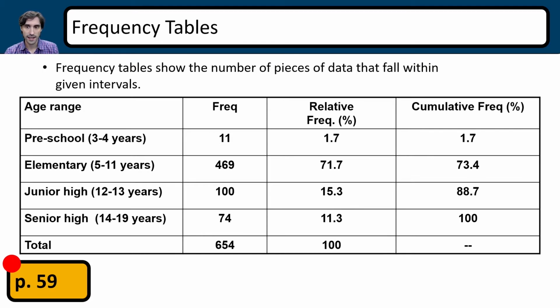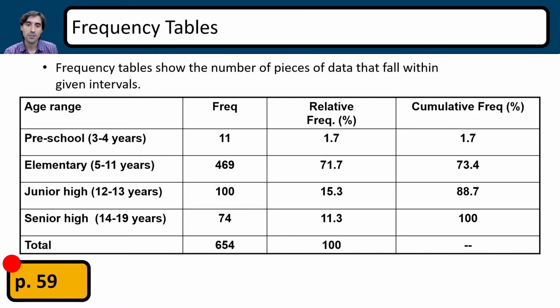Looking at this from a different angle, for frequency tables, when you have different classes or ranges and you're dividing your data sets, it can look something like this. Say you were to collect data on different school children, from the ages of 3 to 19.